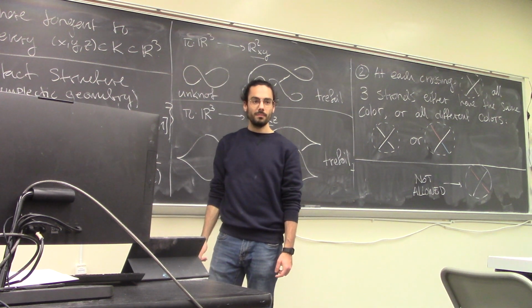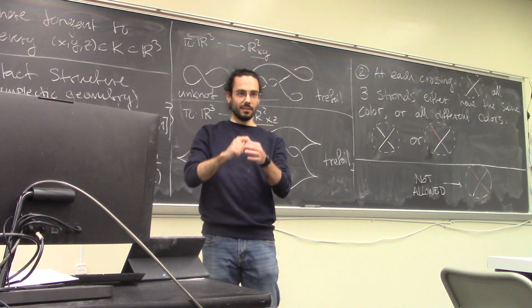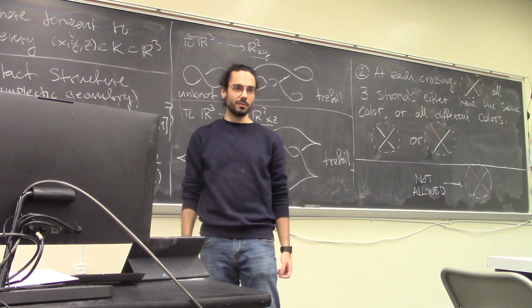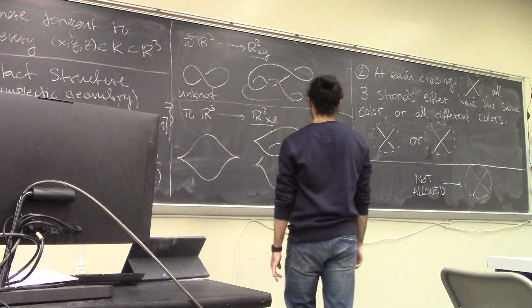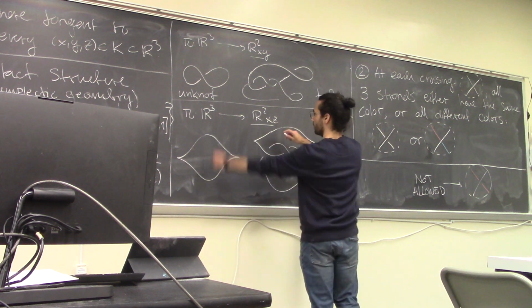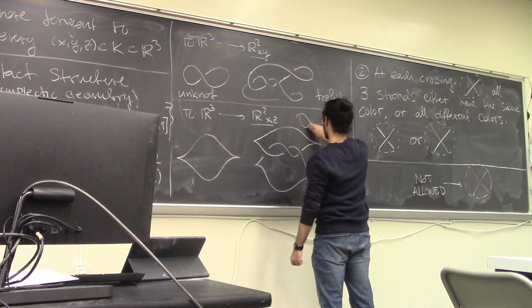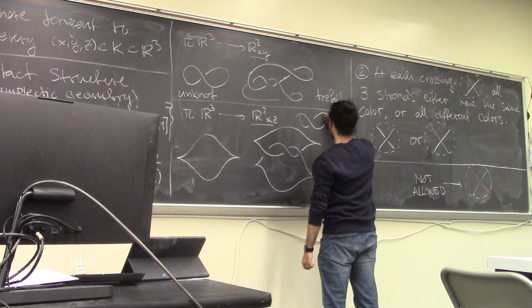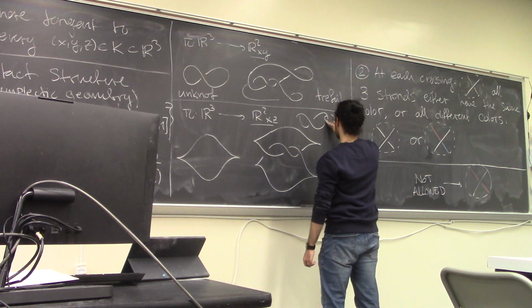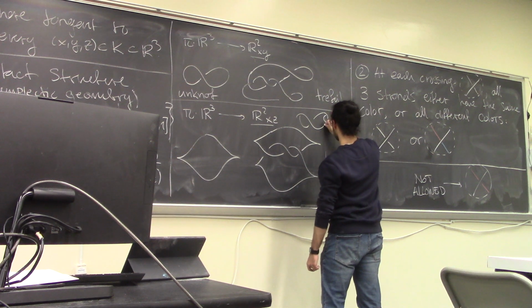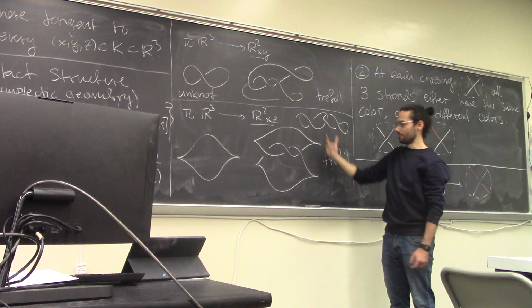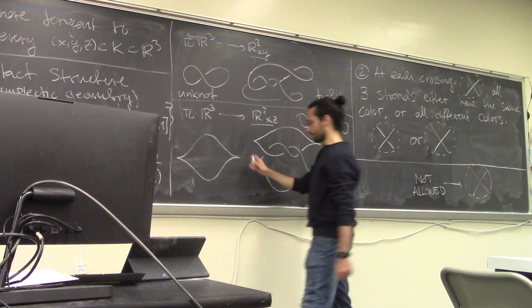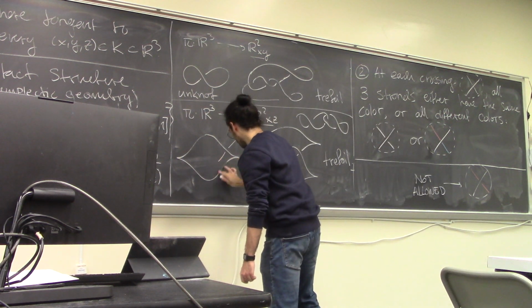Then you just link them. They can be linked in three-dimensional space, absolutely, no problem. The Hopf link would look like two copies of this linked together. In this projection it would look like two copies of this just linked together, and in this projection it would look like this or something.